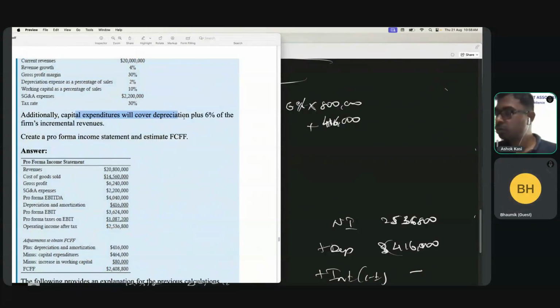Capital expenditure is equal to depreciation plus 6% of the firm's incremental revenue.